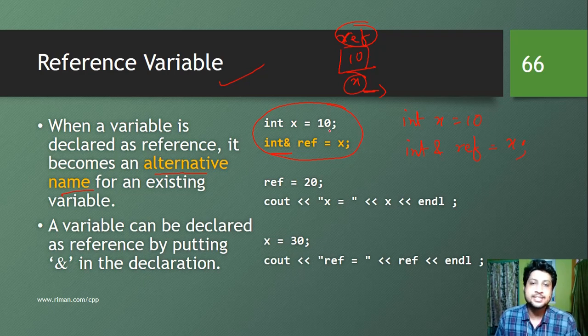We have x is 10 and a reference variable ref = x. If we set ref = 20 and print x, it will be 20. And when we set x = 30 and print ref, it will be 30. So this is how we can create a reference variable. This instruction will help in passing an argument as a reference.